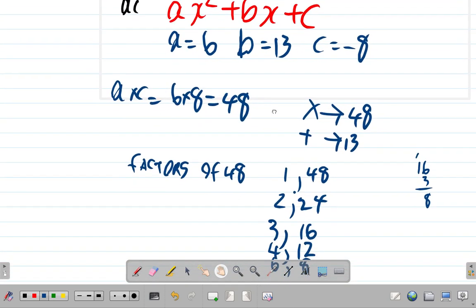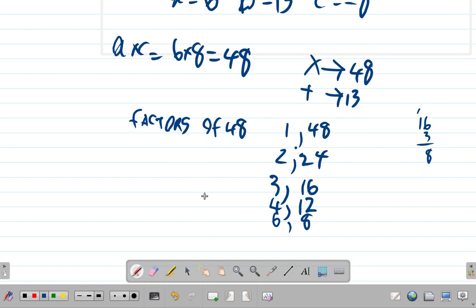Oh, it's negative 48. We put the negative there. Now, you can have the 48 negative or the 1 negative. You can have the 24 negative and the 2 positive, or the 2 negative and the 24 positive. Alright?